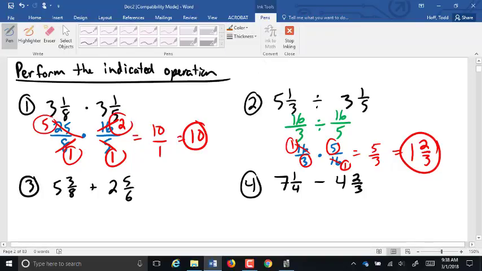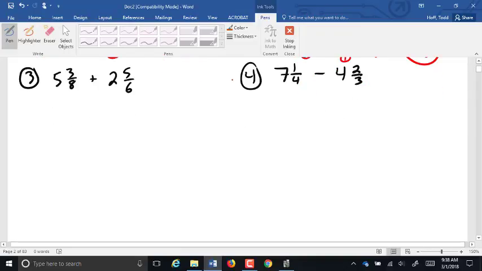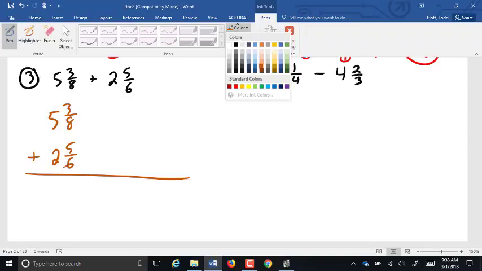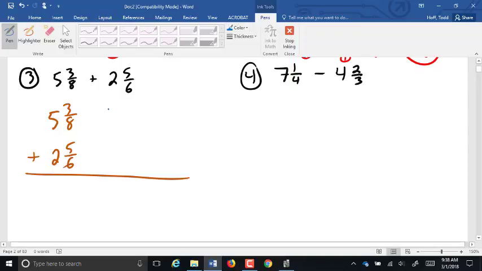3 and 4, when we add and subtract, I usually prefer to set them up vertically. And remember, when we add or subtract, we must have the same name. So for 8 and 6, what do we get for our common denominator? 24.